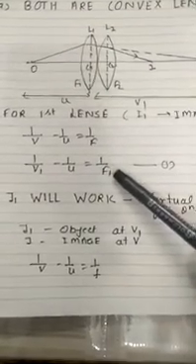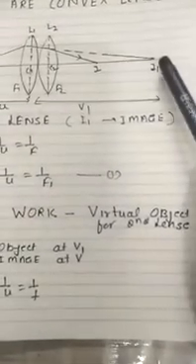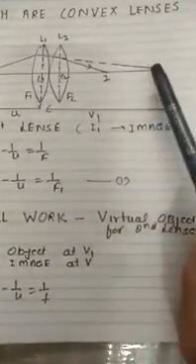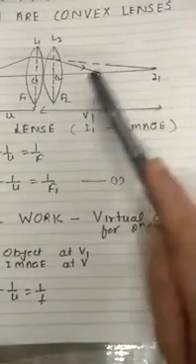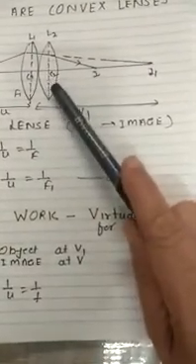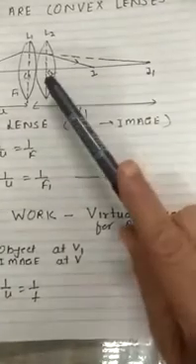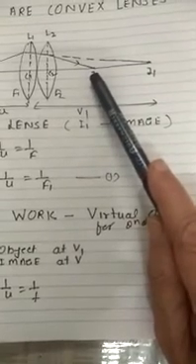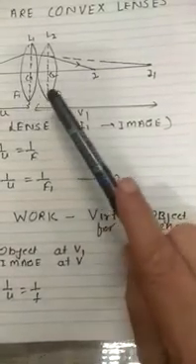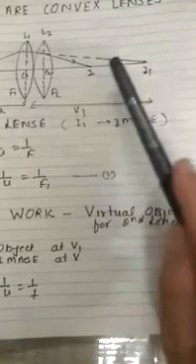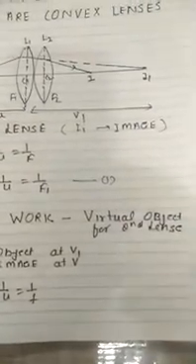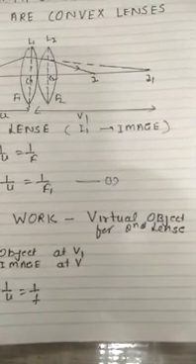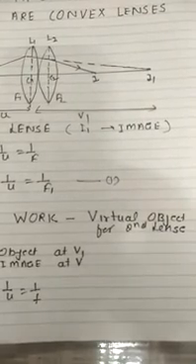F1. Now this I1, which is the image made by the first lens, will work like the object, a virtual object, for the lens L2. For L2 this is the object, and L2 is forming the image at I. Actually I is the final image made by this combination, but in between I1 is the image formed by lens L1, and I1 will work like the object for L2.